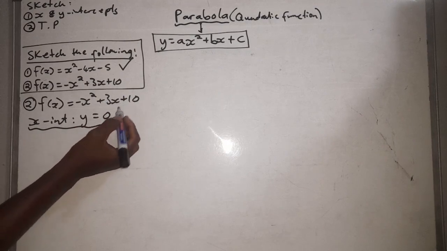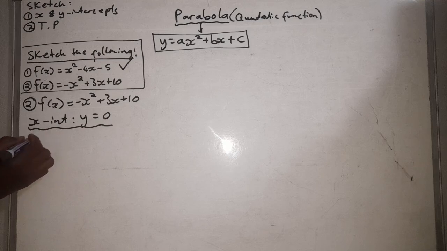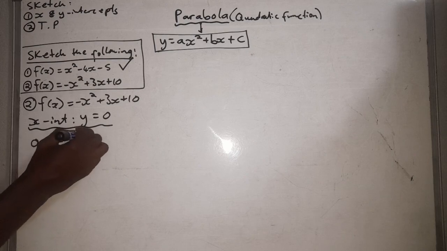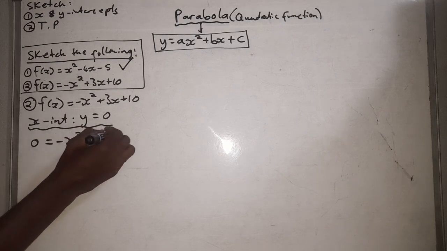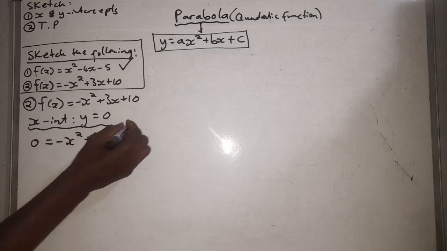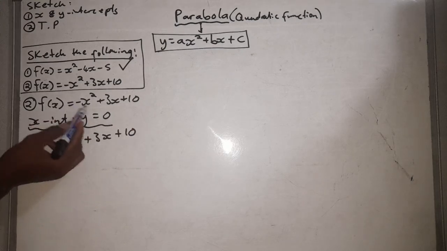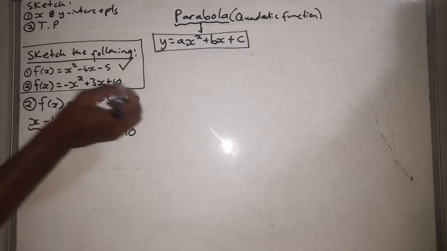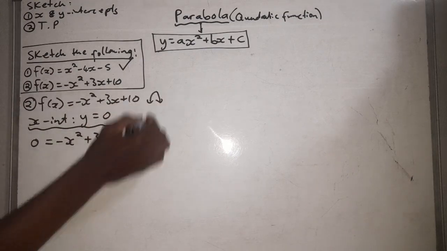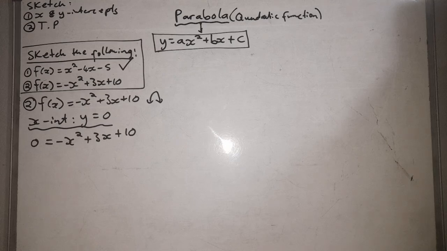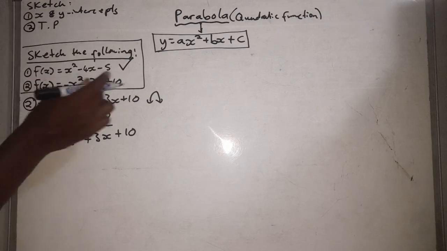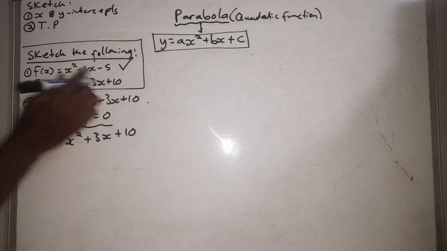That's correct, very correct. Anyways, in the place of y, just plug in 0, then we're left with negative x squared plus 3x plus 10. And from the value of a, we can see that this graph is going to be a frowning graph, a frowning shape. The first one was a smiling face because the value of a was positive.